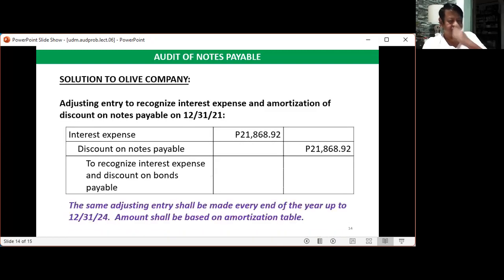So the same adjusting entry shall be made every end of the year up to December 31, 2024. The amount will vary. We will use the same journal entry but different amounts based on the amortization table that we prepared a while ago.